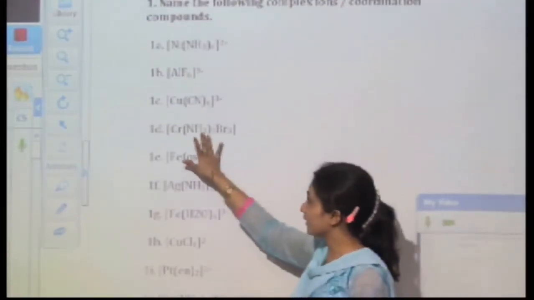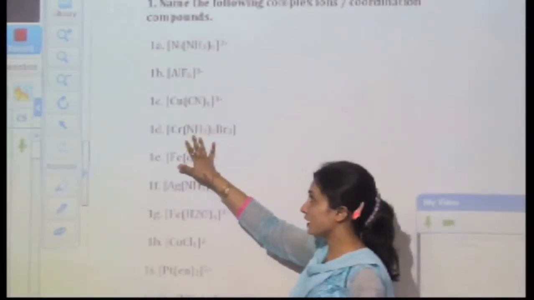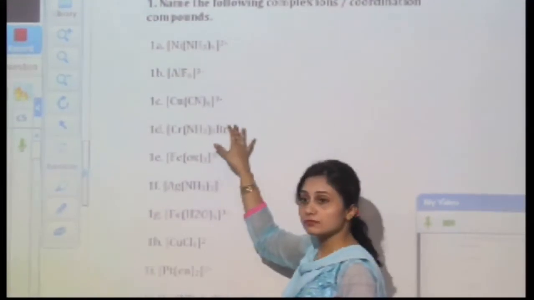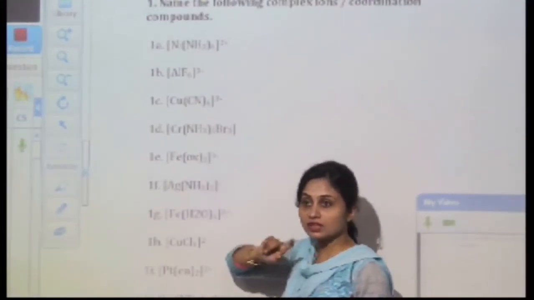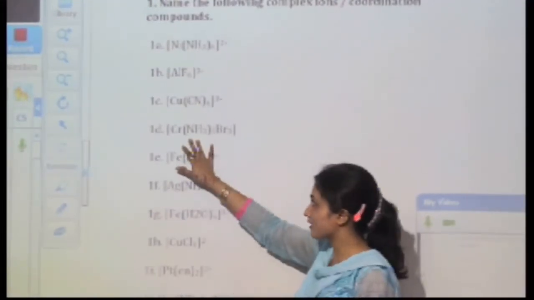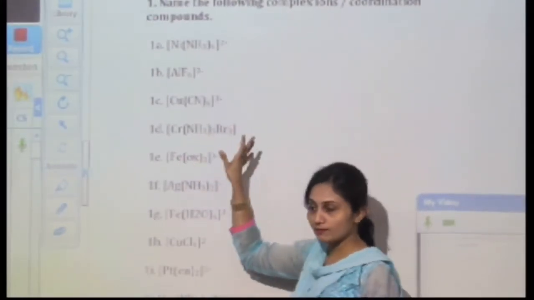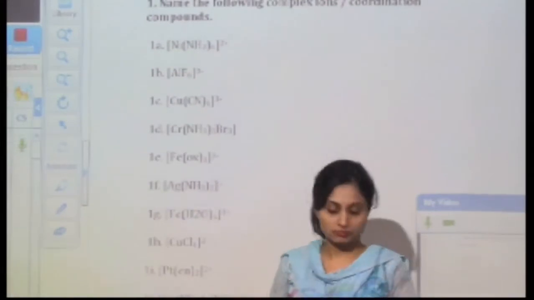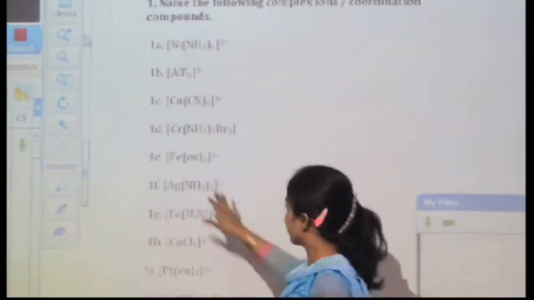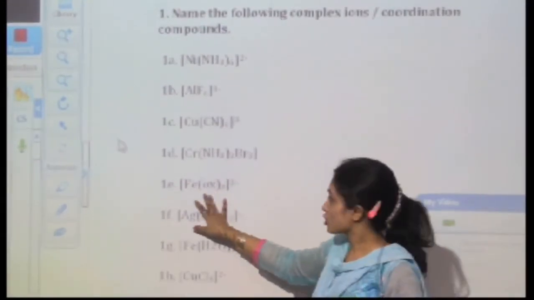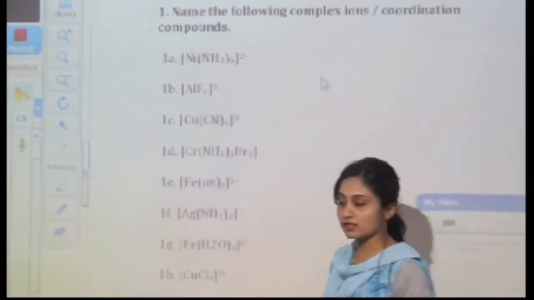So triamine, tribromido, chromium 3. There should be no doubts about it. X plus 0 minus 3 is equal to 0. So 3. Next one, start. Fe(ox)3, ox means oxalate. So Fe(ox)3 3 minus.